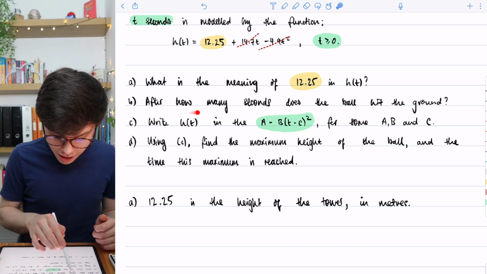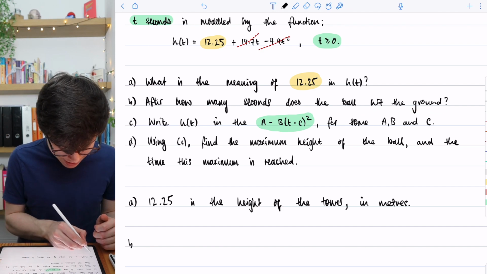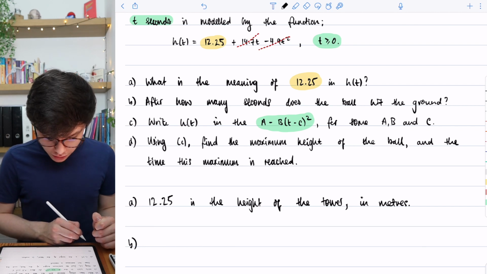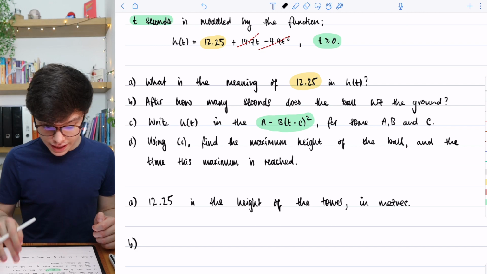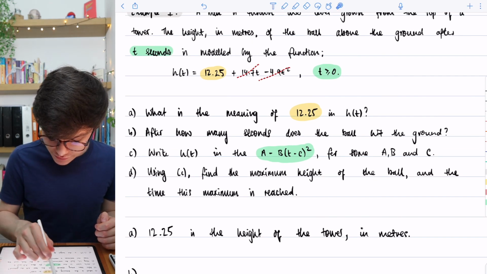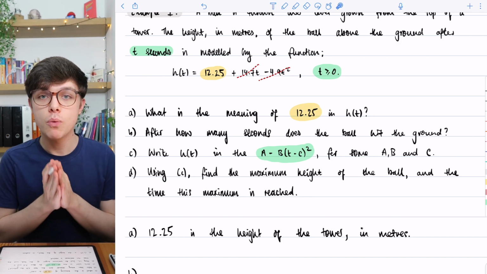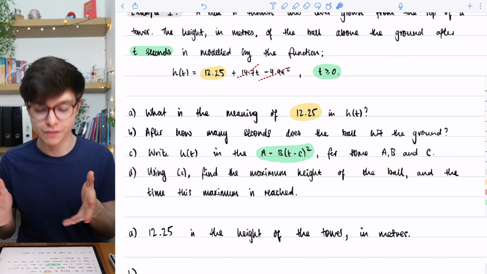Okay, after how many seconds does the ball hit the ground is what part B is asking us to work out. Okay, well, if you look here, the height of the ball above the ground, this is the function, that's how we're modelling it. When it hits the floor, the height is 0 because we are on the floor, okay?